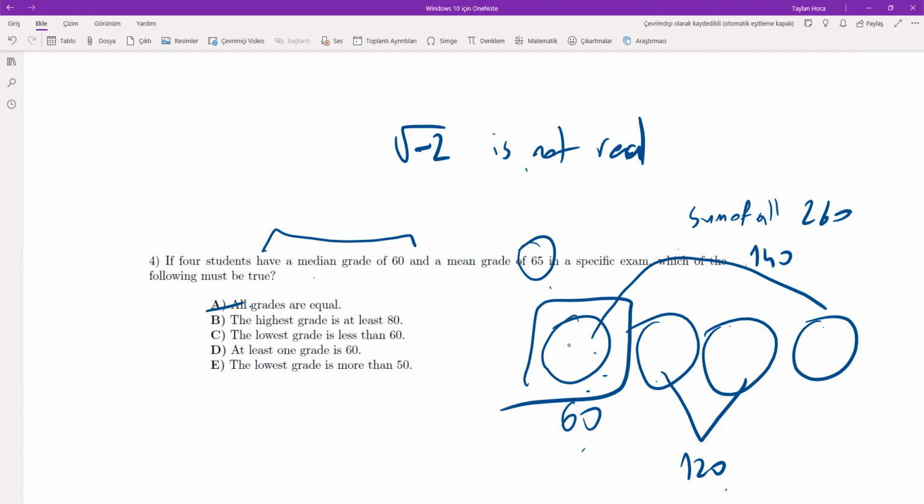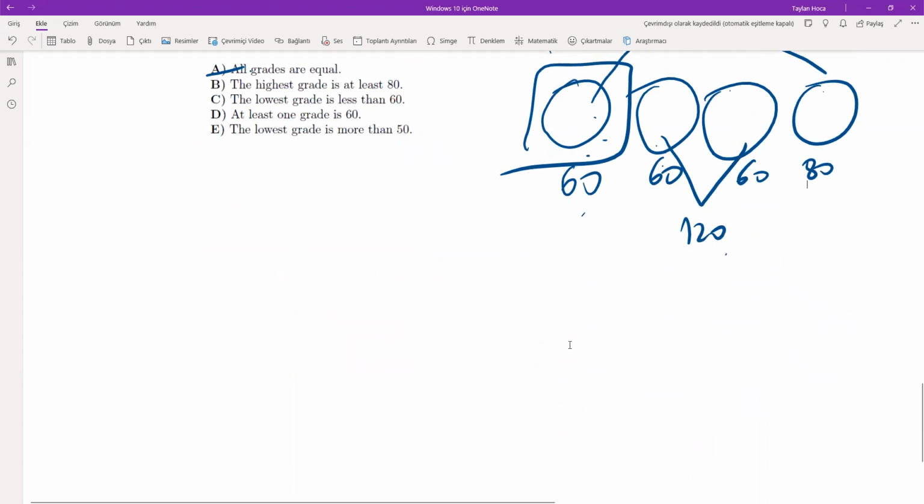Why? Can't we have this configuration: 60, 60, 60, 80? Right? Yeah, I got you.